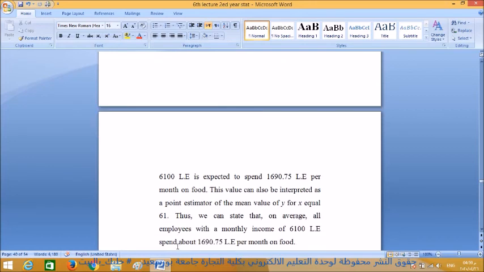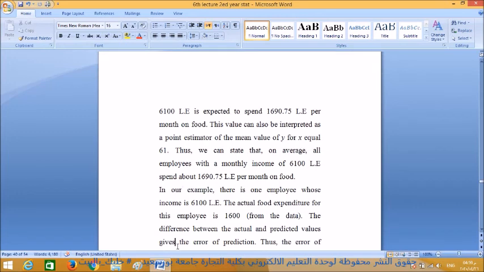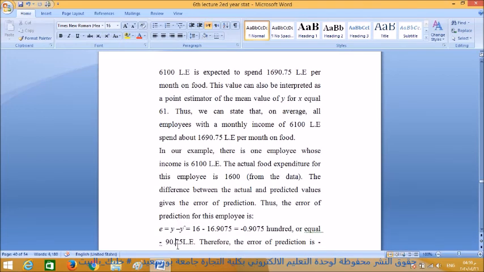Now the error between the real and the expected y: when the employee's real food expenditure is 1,600 and the expected is 1,690, the difference between y and y hat equals 16 hundreds minus 16.9, which equals minus 0.9 hundreds, or minus 90.7.